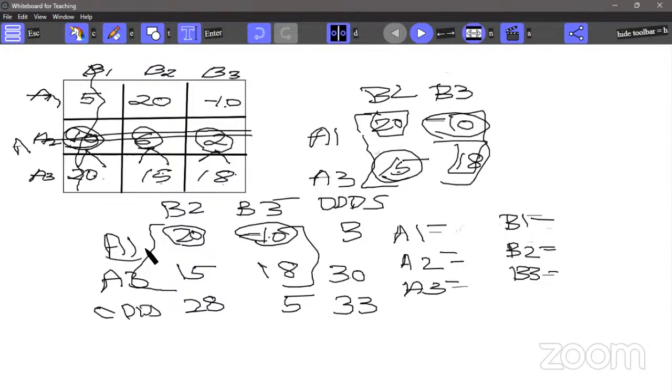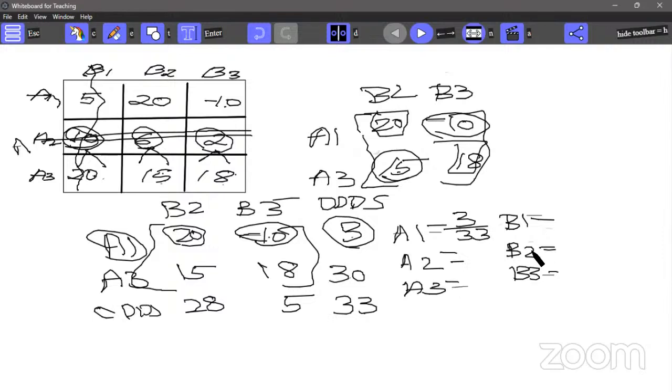See, for A1, how much are the odds here? 3. So your probability answer is 3 divided by 33. 3 divided by 33 is the chance that A will use strategy A1. Is that clear?